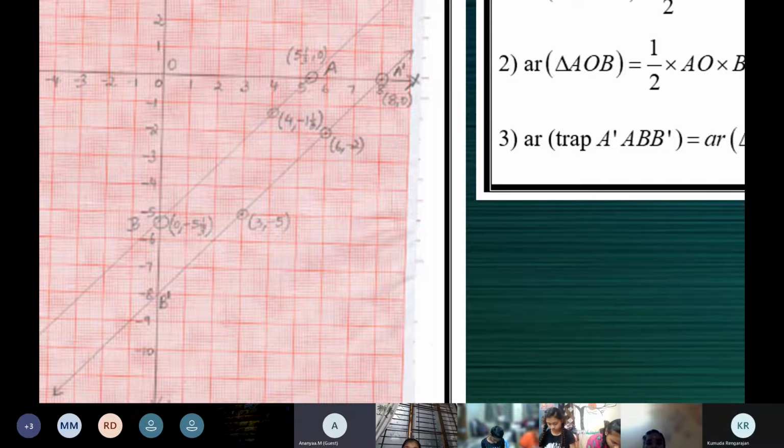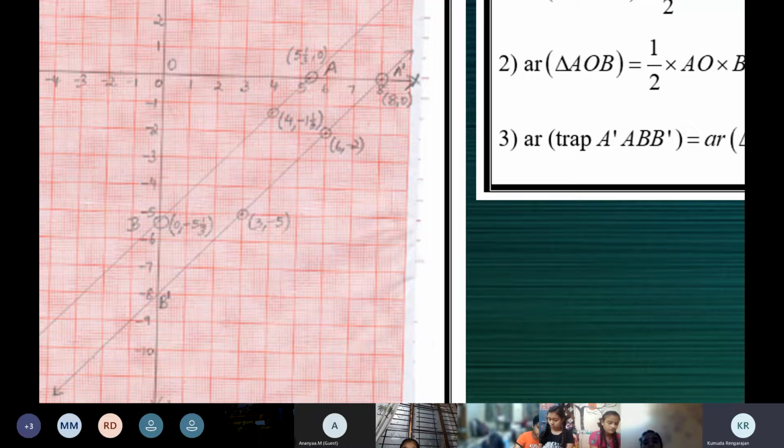Yes. Can I take OA as 5.3 and OB as 5.3? Yeah, okay. Fine. Nothing like you should take a fraction. A fraction is more appropriate than a decimal value.